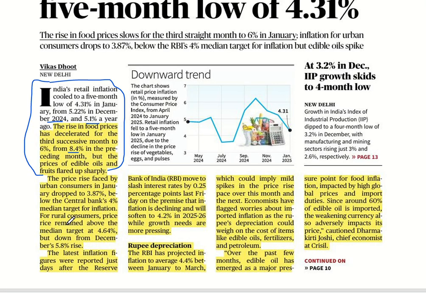For rural consumers, prices remained above the median target at 4.64%, but down from the December rise of 5.8%. This latest inflation figure was reported just a day after the Reserve Bank of India moved to cut the interest rate by 0.25 percentage point last Friday, on the premise that inflation is declining and will soften to 4.2% in 2025 and to 2026, while growth needs are more pressing.